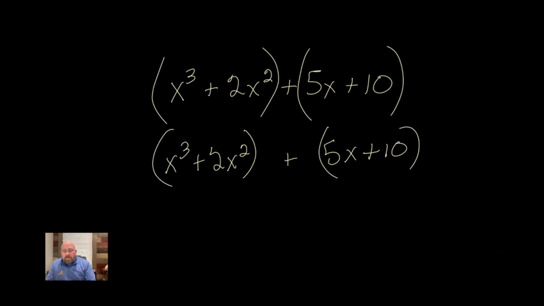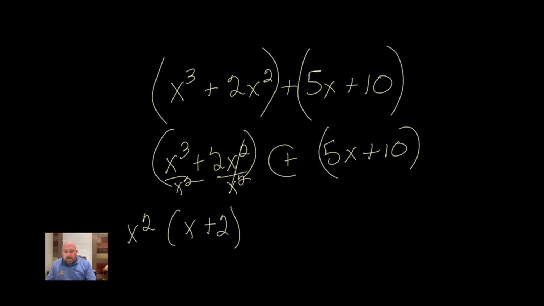We can actually factor something out of this one now, because we do have an x that's available here, because x is in both of them. Actually, x squared is in both of them. So what's going to come out is the x squared, and then we divide everything by x squared, and we're going to end up left with an x, and then here we're going to end up with a 2, so plus 2, x plus 2.